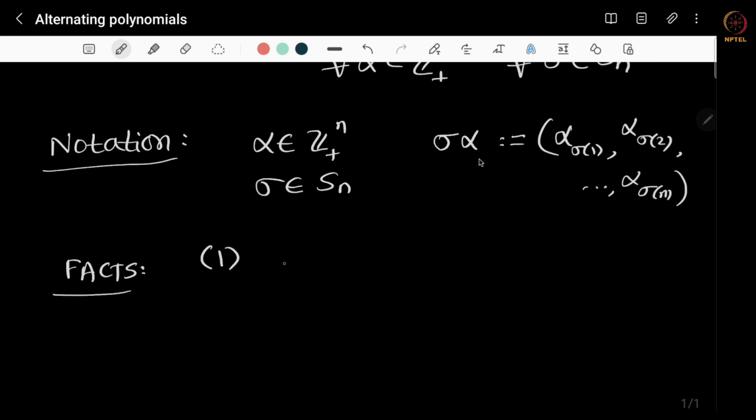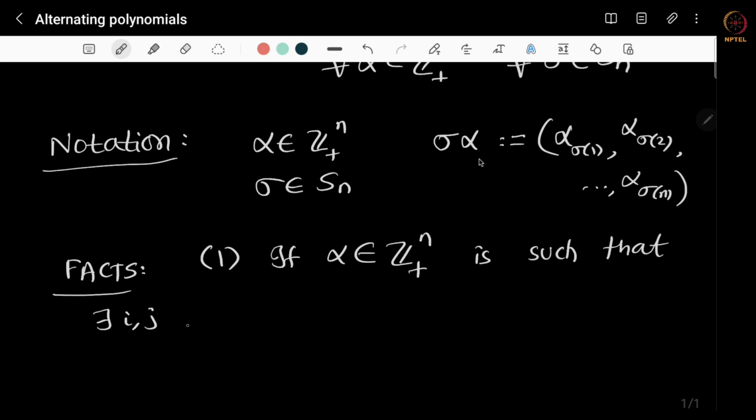Number one, if alpha is a multi-index which has two parts which are the same, so the entries are not distinct, such that there exist i, j with alpha i equals alpha j, i not equal to j, two different indices which have the same value, then it's easy to see that this coefficient c alpha must be 0.